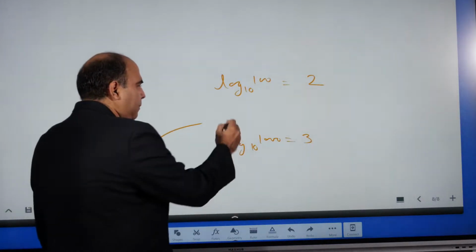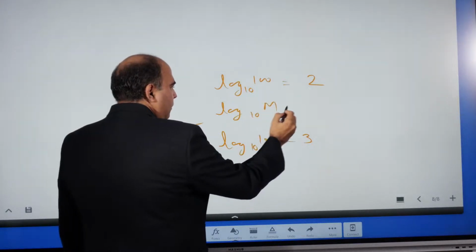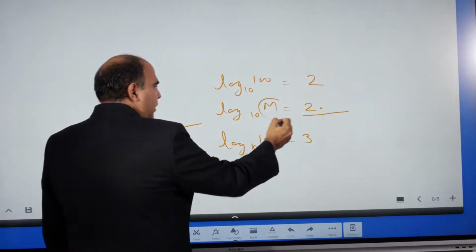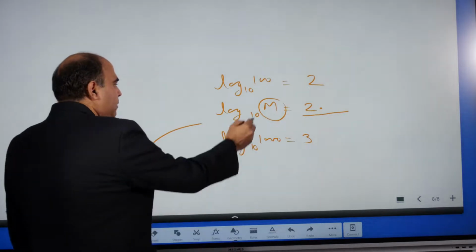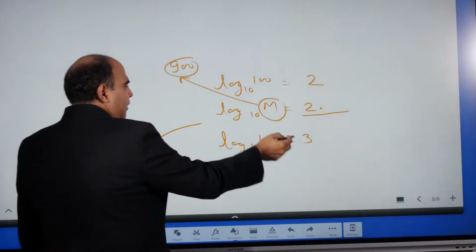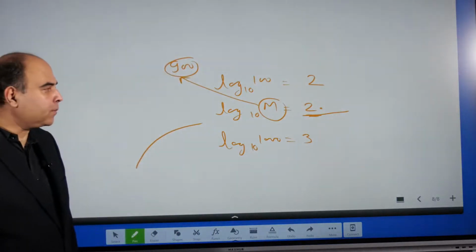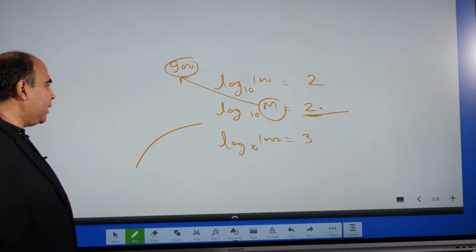So if my characteristic is still 2, then the number inside has to be a number between 100 and 999. That tells me that there are 900 numbers possible if the characteristic of log m to the base 10 is 2 point something. So that's what this condition was telling me.